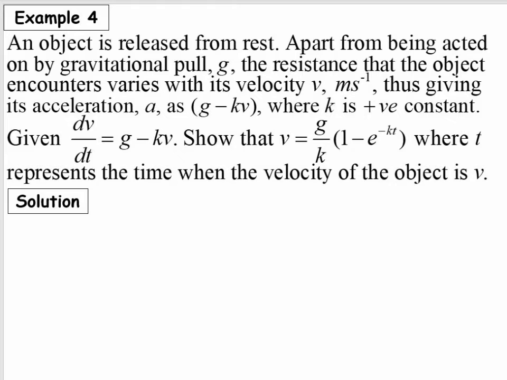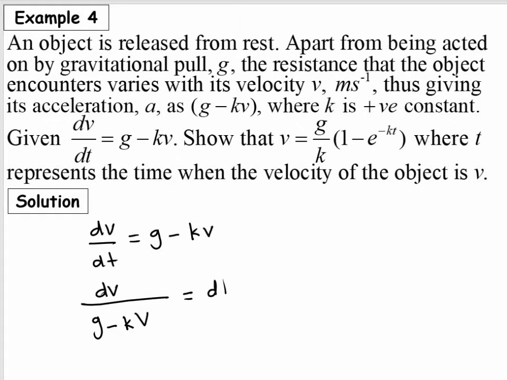So we are going to start from its model. We have dv over dt equals g minus kv. Let's separate the variables. So dv will be gathered with g minus kv, and we have dt on the other side of the equation. Of course, we have to integrate both sides.